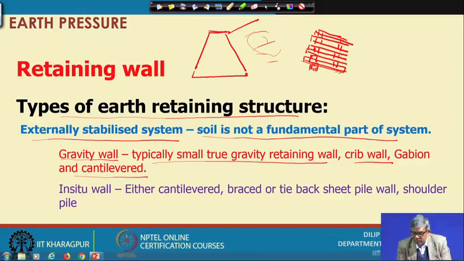On this there is another member inclined in this direction, then there are two cross members, then a member in this direction, then two cross members, then a member, like that one after another will make a system, and then soil will be retained here. Suppose it is the ground. Okay, so this is ground.